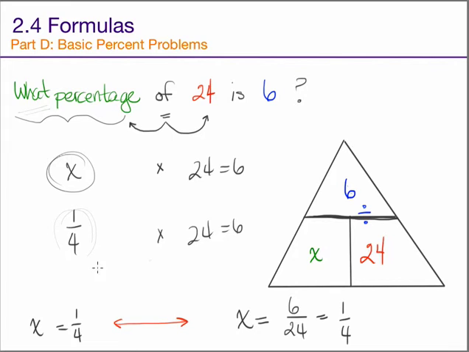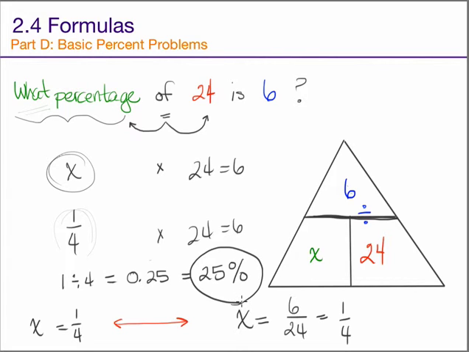How can I write 1/4 as a percentage? 1 divided by 4 on my calculator is 0.25. That's the decimal form. The percentage form is 25%. My answer is actually 25%. 25% of 24 is 6.